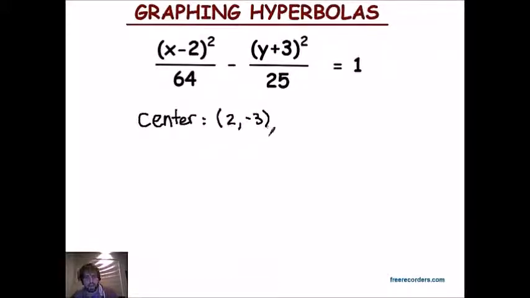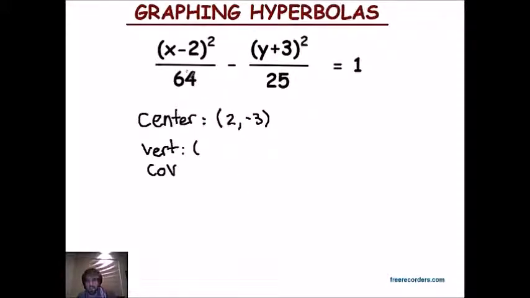And then what you want to find after that are your vertices and your co-vertices. The vertices are going to be the major ones, and in this case our major is the x value. So the 64, whatever the denominator is, ends up being the square of the distance from the center to these edges.